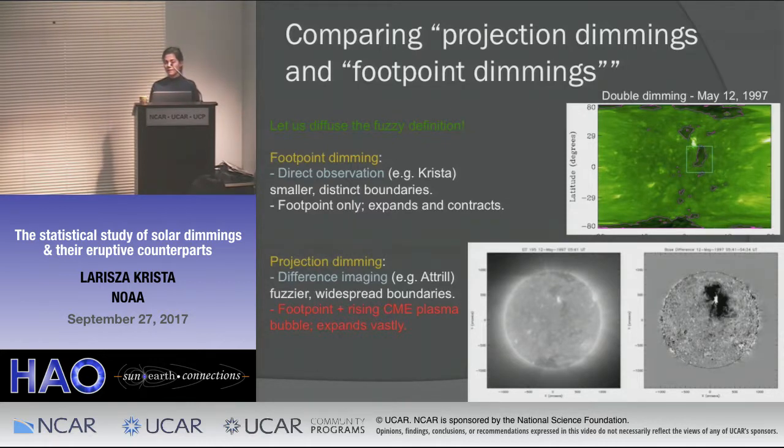Projection dimmings appear and get bigger and bigger and really massive, and then they just kind of blend into the background. They don't contract back into the region where they came from, because the plasma has expanded so much, and that's what we're looking at. So I think it's very, very important that we make a difference between what we're looking at.